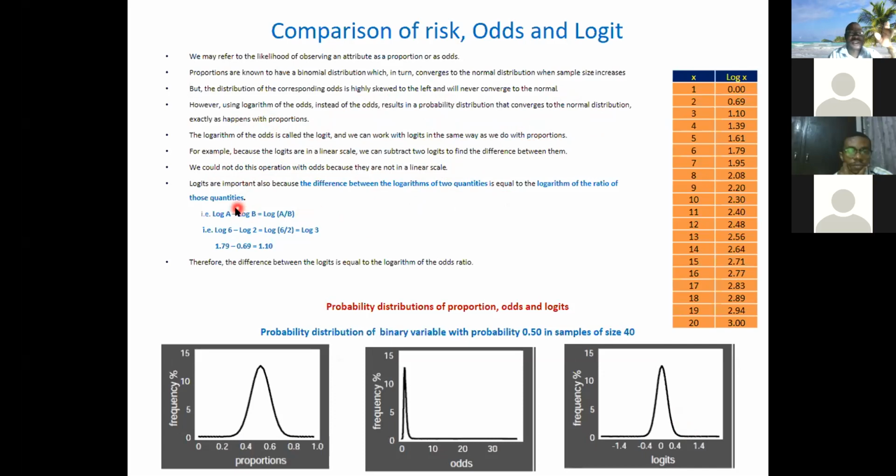I want you to know something. Logits are important also because the difference between the logarithm of two quantities is equal to the logarithm of the ratio of those quantities.